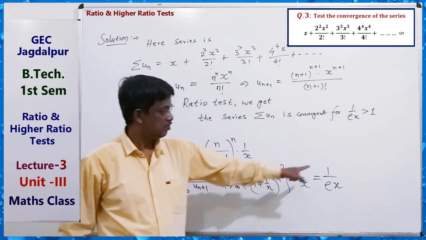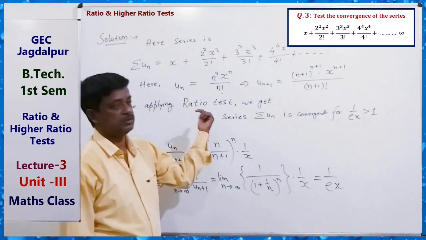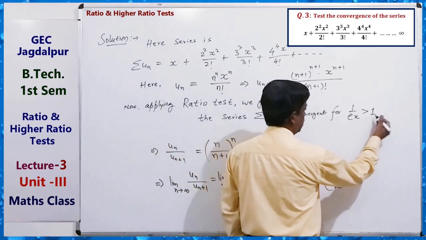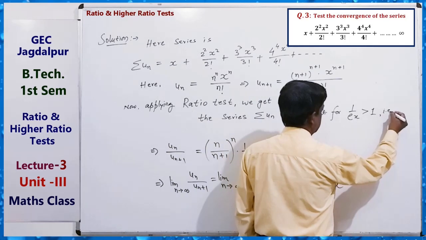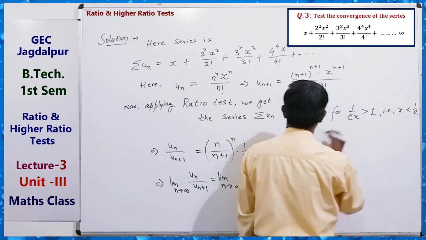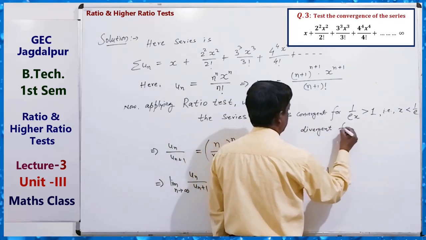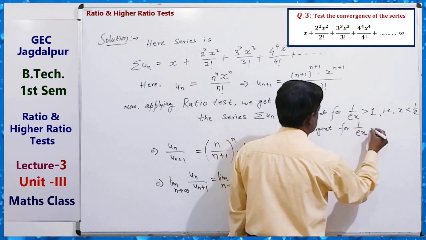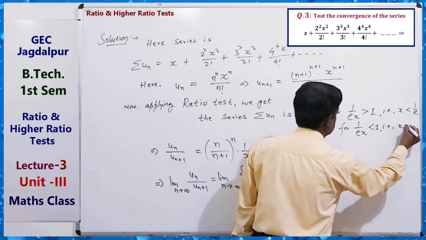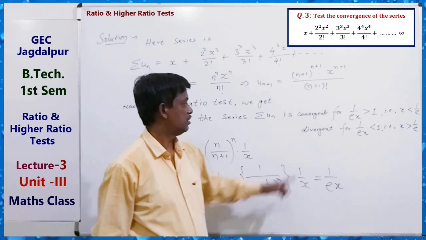That is, x is less than 1 by e. And divergent for 1 by ex less than 1. That is, x is greater than 1 by e, then divergent.